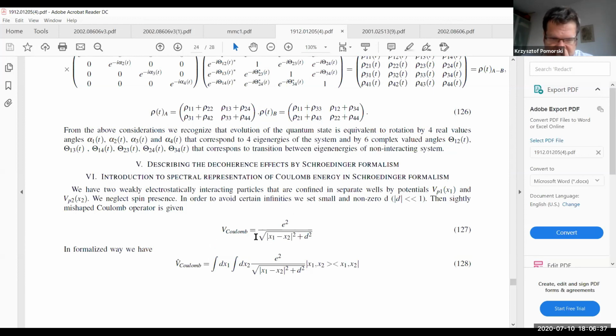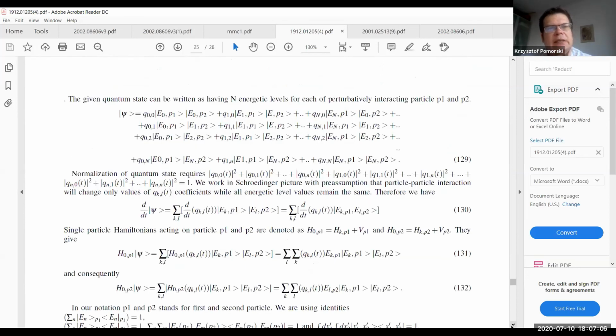This is just a magnitude, the electrostatic potential, and then we can represent this Coulomb interaction in such a way. So in position representation, the state will project to itself, but it's not the case for representations in eigenenergies, as was described before.